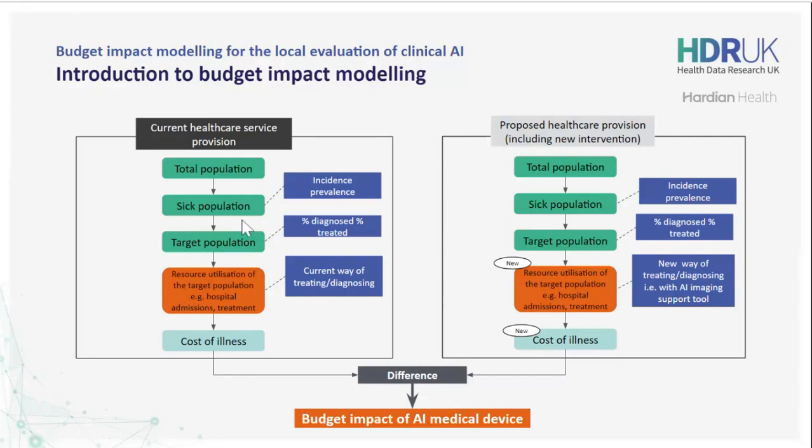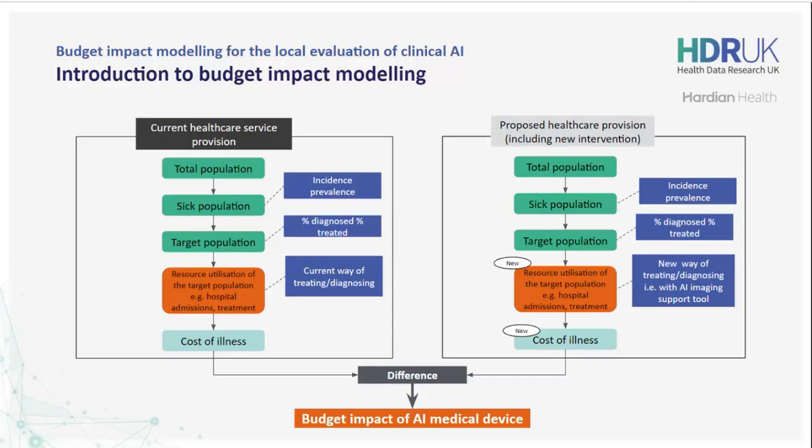For instance, an AI could be supporting the review of chest X-ray, but within that chest X-ray population, you've got many types of clinical findings that can be detected. But in the budget impact model, you would typically choose to focus on the population with the highest unmet needs. For instance, it could be a lung cancer population.